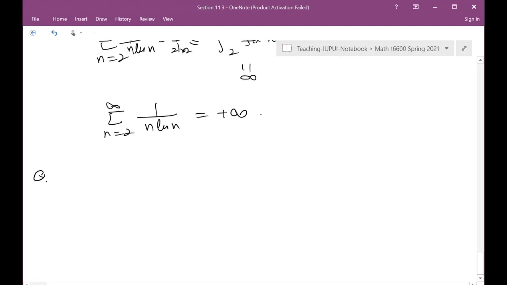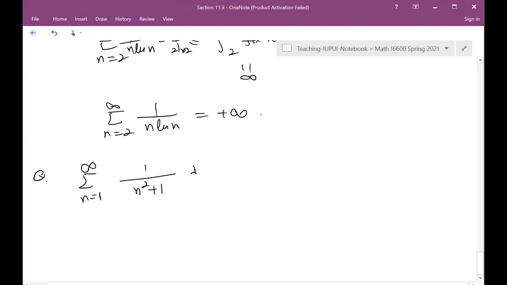So let's take a look at the next problem. The next problem is this one: the sum with n starting from 1 of 1 over n squared plus 1.